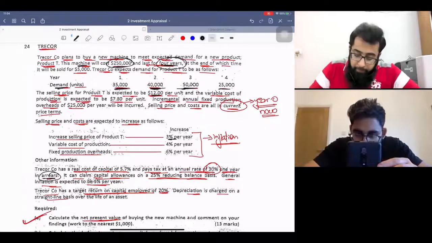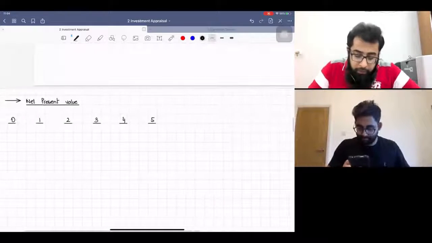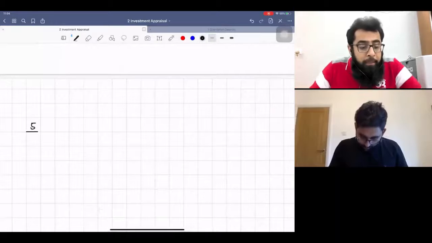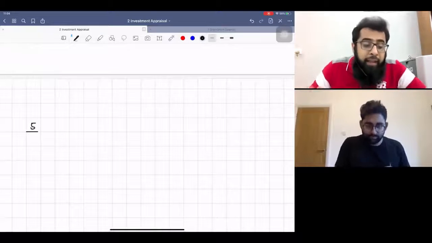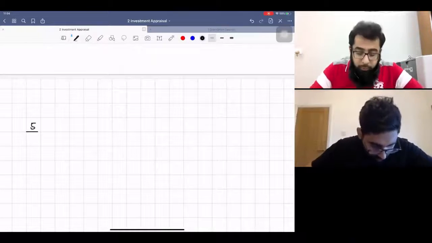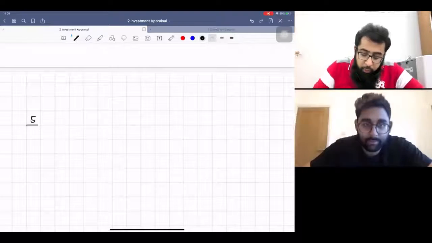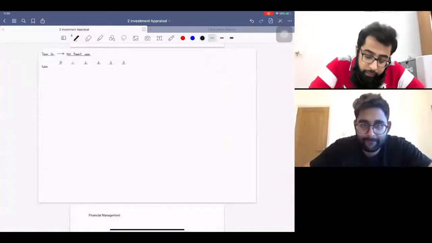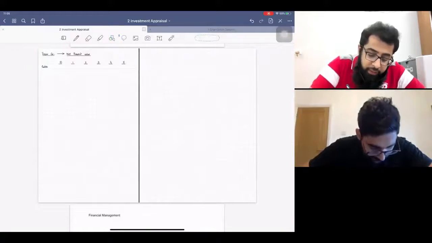Now, we will make a schedule here that the sales units are 35,000, 40,000, 50,000, and 25,000. But first of all, we need to estimate the yearly selling price because it will be inflated every year.